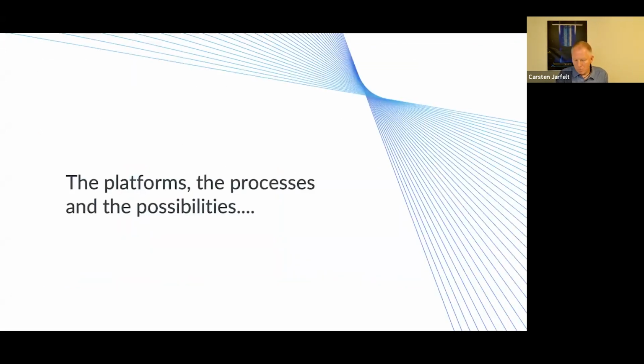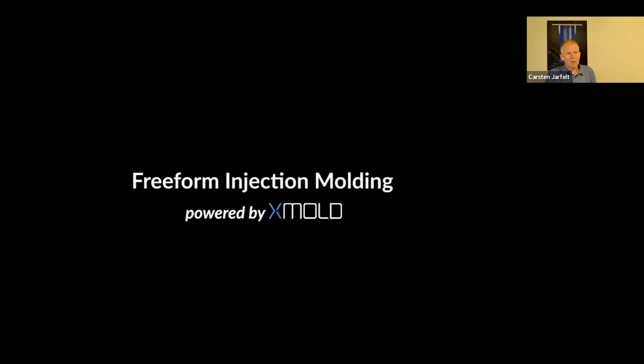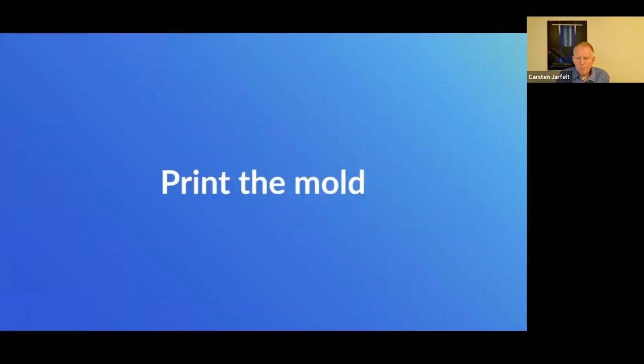So, okay, that was the 2,000 feet overview from above. Or 10,000 feet, maybe more likely, view of what is freeform injection molding. Let's get down and kick some tires with the processes. This video, that I hope will come through as smoothly as it is intended, takes you through what the process in steps would look like.